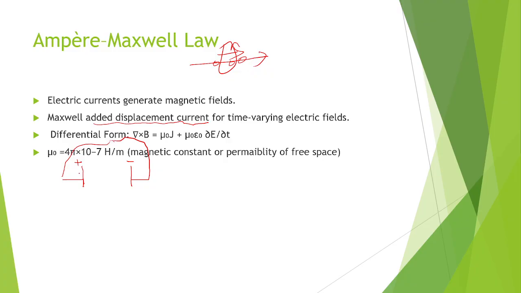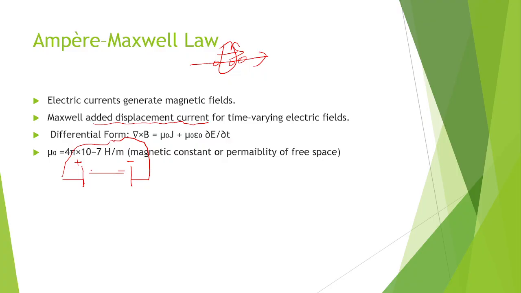So what is happening? Positive charge increases and negative charge increases, and that changes the electric field inside this region. The electric field strength increases when you charge the capacitor, and when you discharge the capacitor, the electric field decreases in this region between the plates of the capacitor.